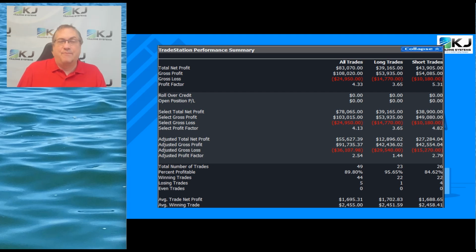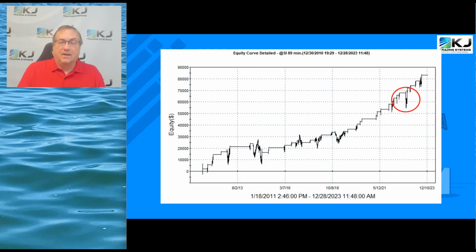Now, not every market can be this way, and you'll have strategies that are mainly short or long, crude oil or soybeans or whatever. But all things being equal, I like it when the long trades and short trades sort of balance out, at least profit-wise.